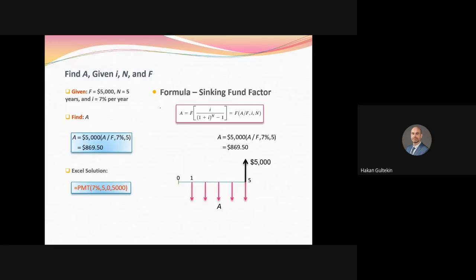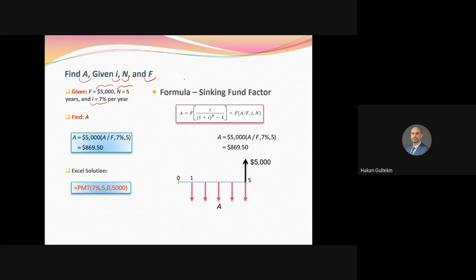Okay, now another example. When the interest rate, number of periods, and the future value are given, let's try to find the annual amount. Let's assume that the future value is 5,000, number of periods is 5, and the interest rate is 7%. How can we find this?